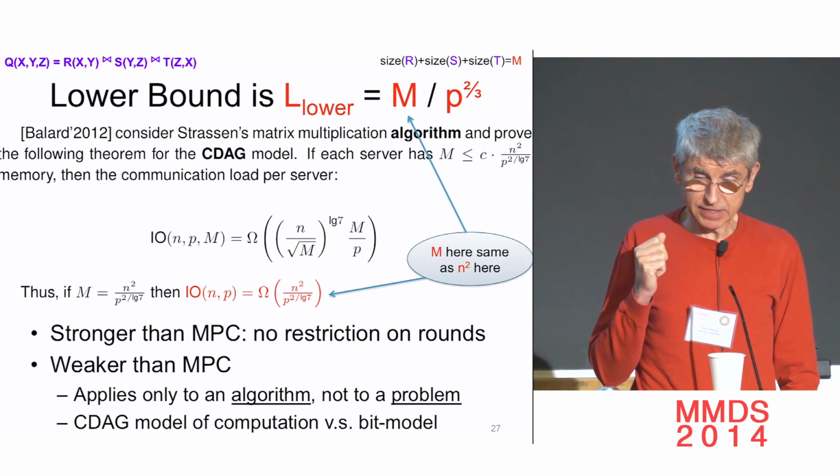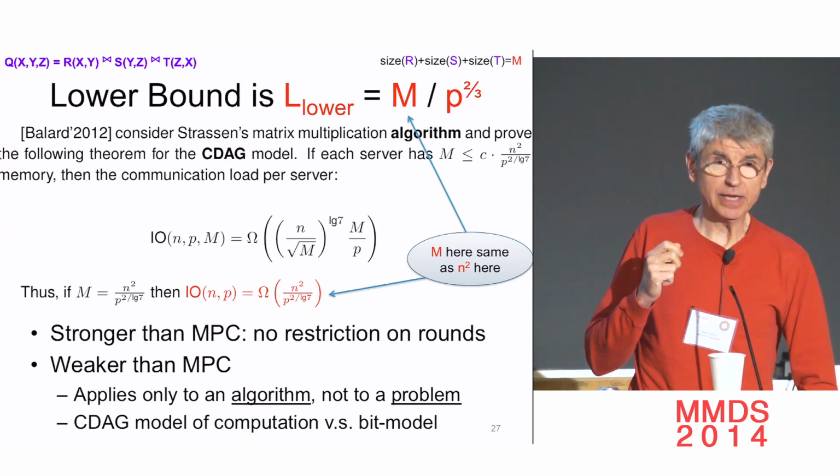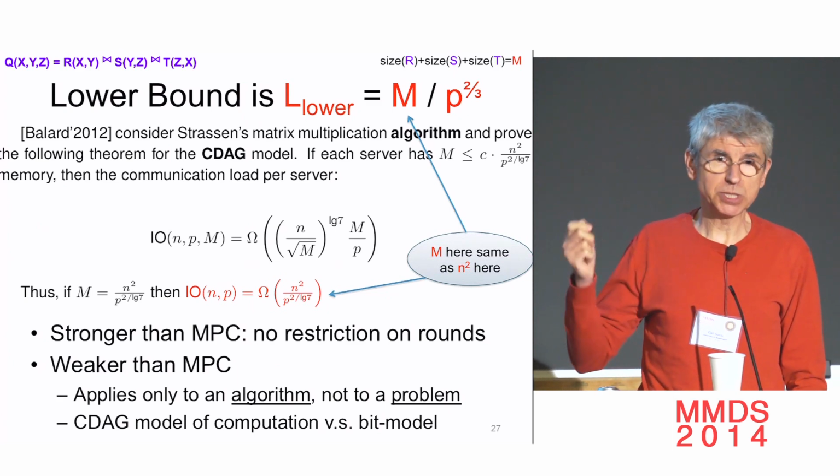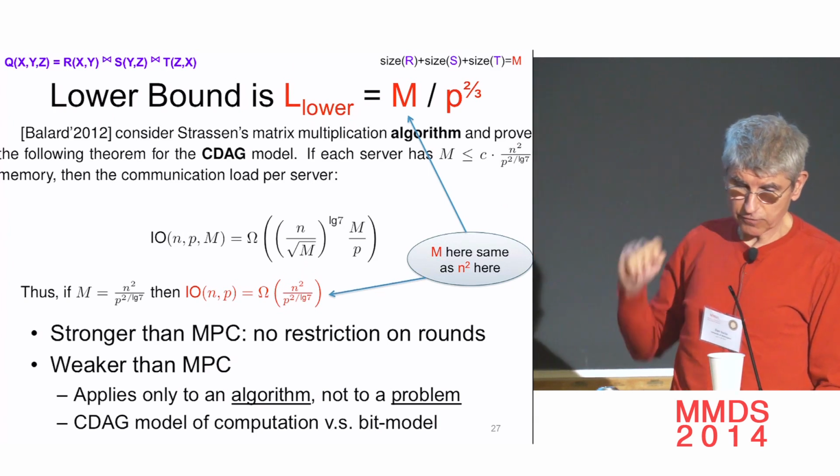And they proved that in this model, any implementation of Strassen's matrix multiplication algorithm must have a communication load, which they denote I/O in this paper, given by that long formula.